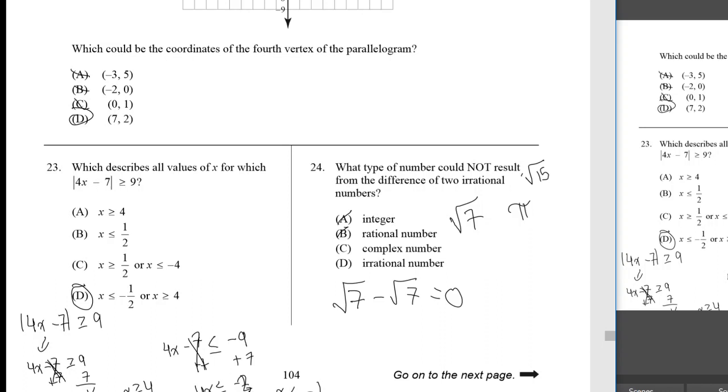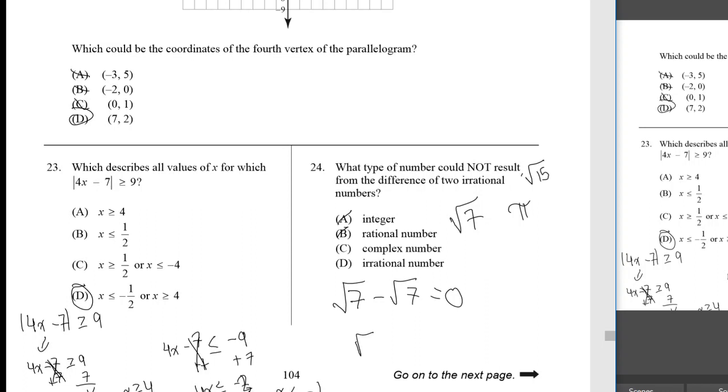Suppose you don't know what a complex number is. Essentially, complex numbers are when you have a real part and an imaginary part, but we haven't really gone into imaginary numbers, so it wouldn't make much sense. I don't want to confuse you too much there, so let's just hold off on that. But for D, are you able to get an irrational number? Well, of course you are.